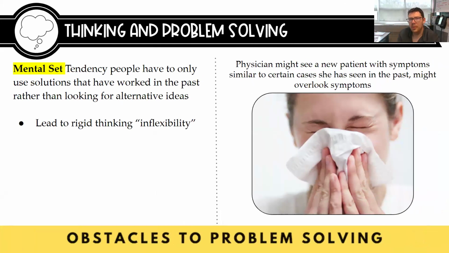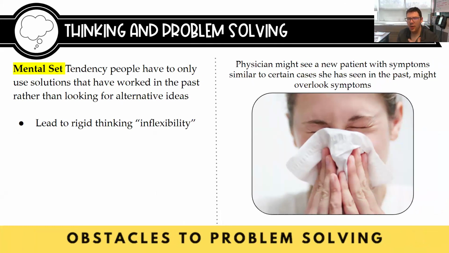So when we talk about problem solving, we do have to be aware of some of the challenges that come with it. One challenge can sometimes be a mental set, right? We might approach things from one particular angle all the time. We might always use trial and error, and maybe it's not best. Maybe it would be better to use a heuristic, or maybe it might be better to just sit for a few moments and maybe something pops into our mind.